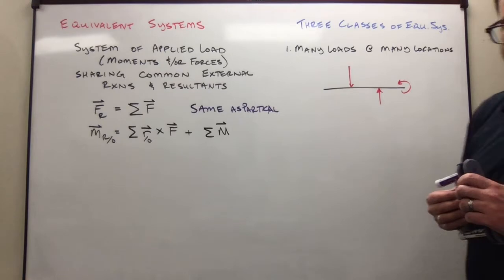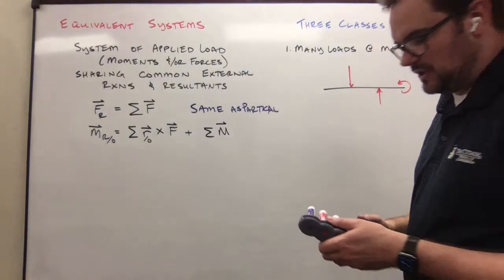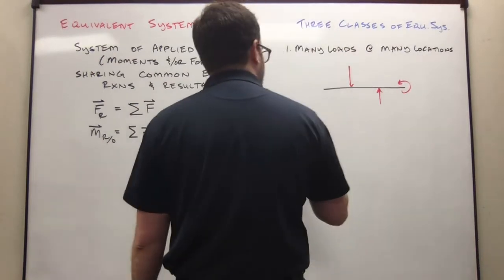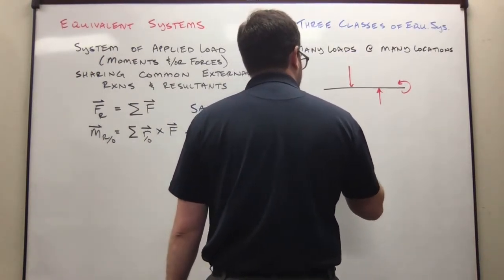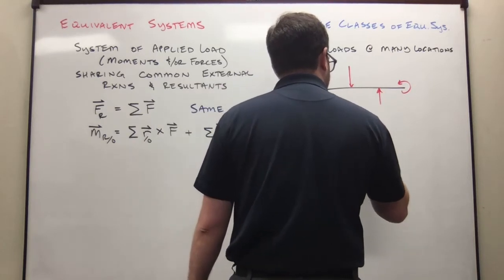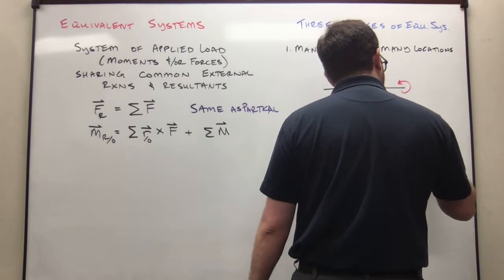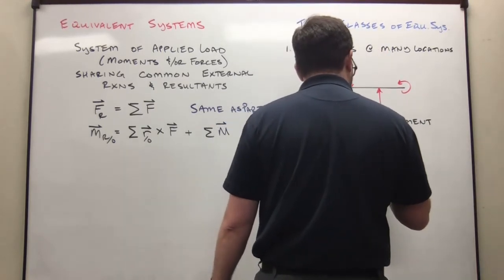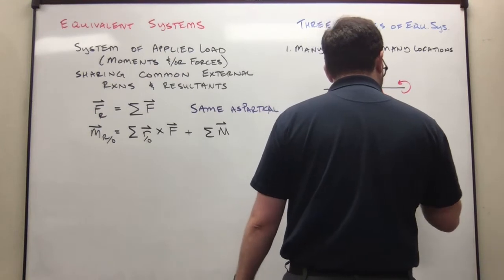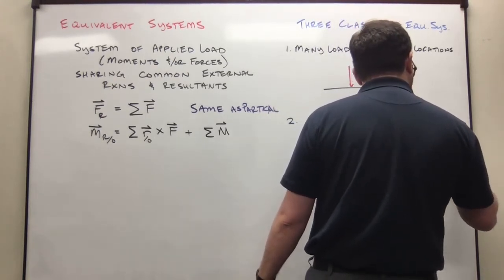Now, the other thing that we can do is we can come up with a resultant moment. So this would be our second class, a resultant moment and force at a particular location.